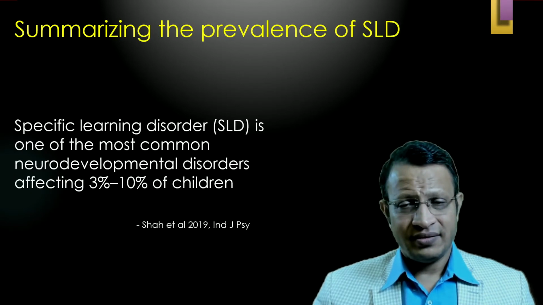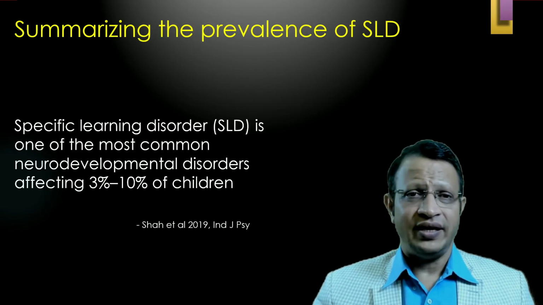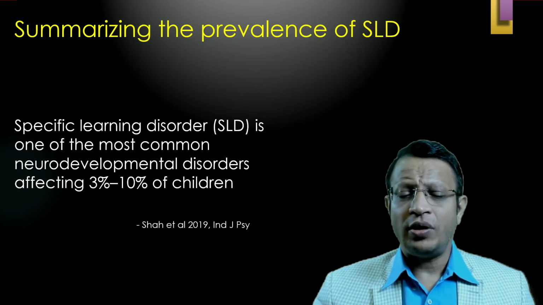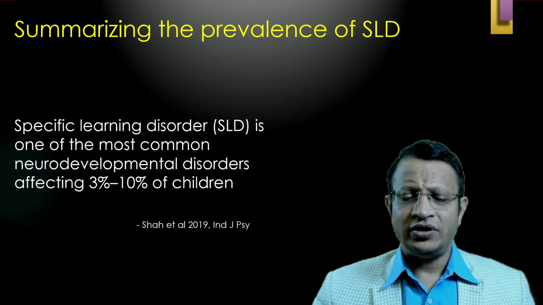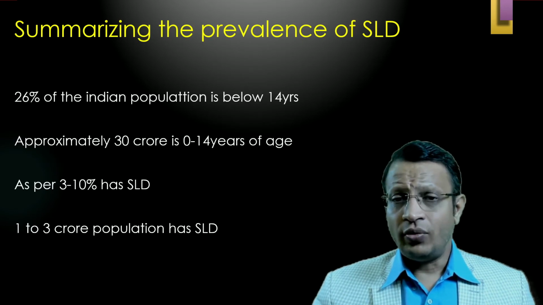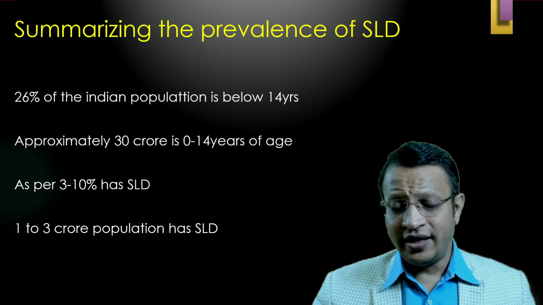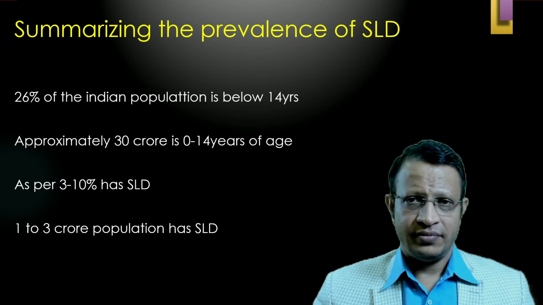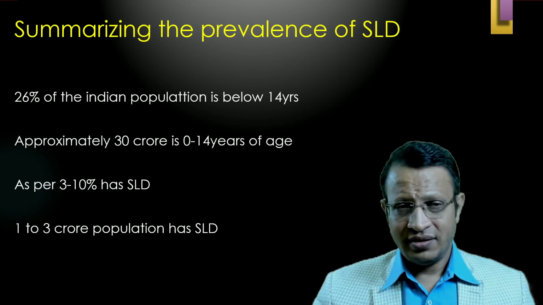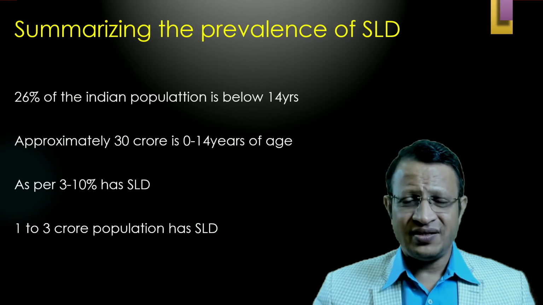To summarize, the prevalence of SLD, that is specific learning disorder, is one of the most common neurodevelopmental disorders. It falls somewhere around 3 to 10% in children. If you extrapolate this data to the Indian population, the population of children below 14 years is 26%.